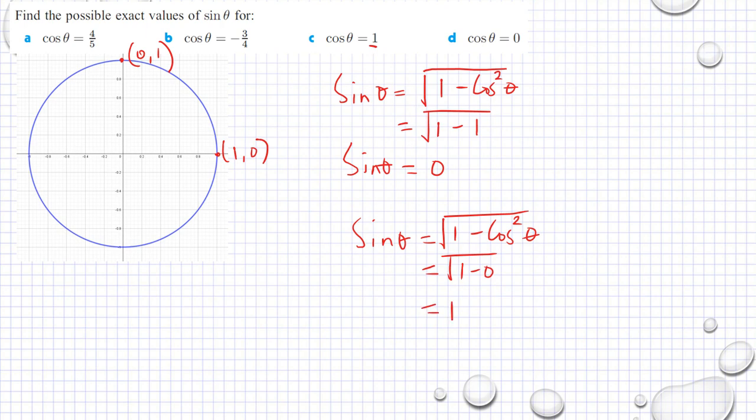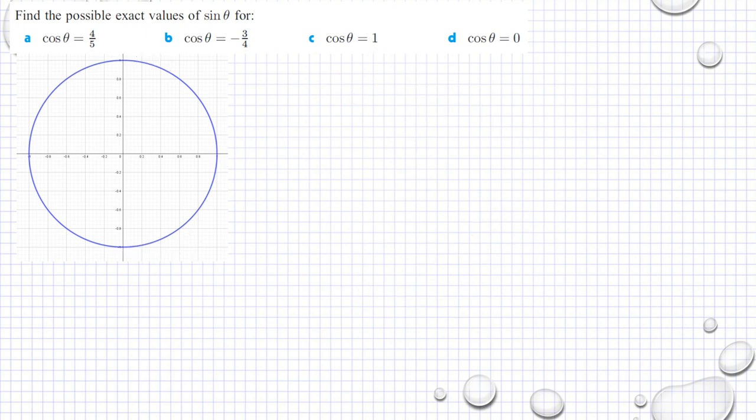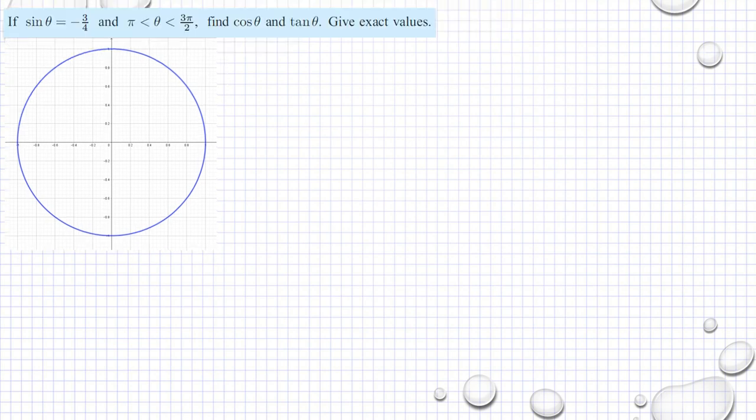I forgot to tell you that this is also 0 and negative 1. So we have positive and negative there. So positive, negative 1. So when cosine is 0, we have sine theta is equal to positive and negative 1. Okay? That we're finished with that.